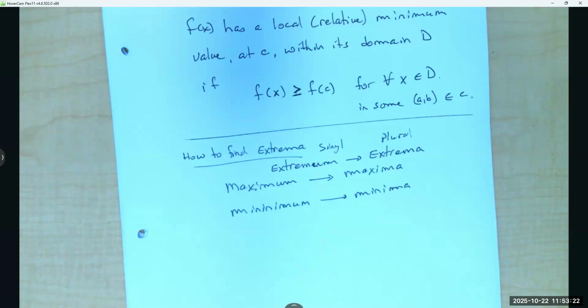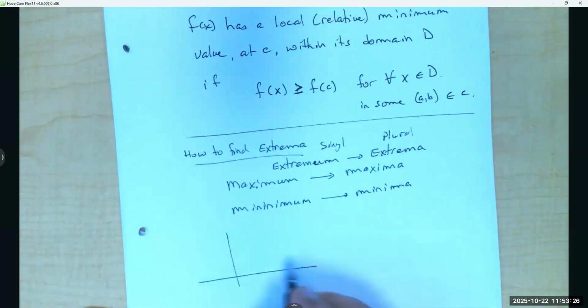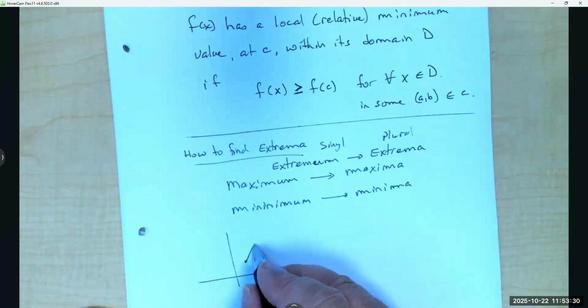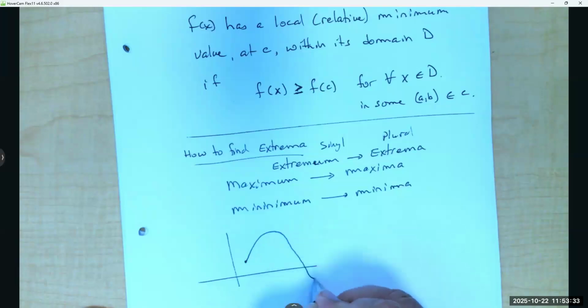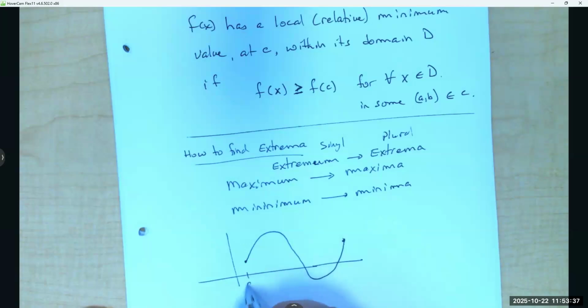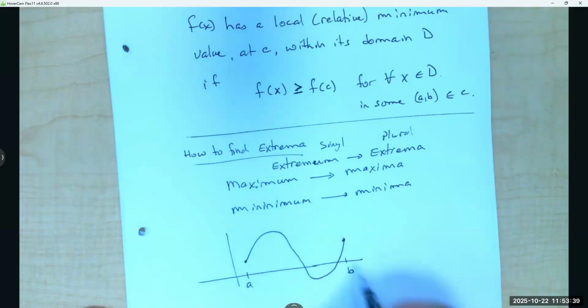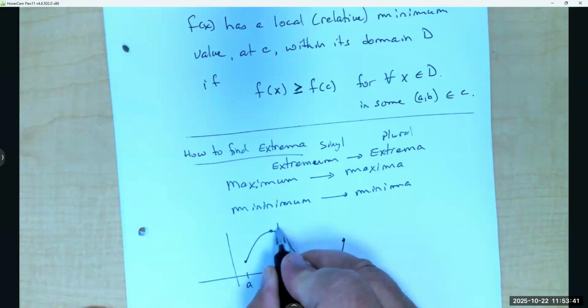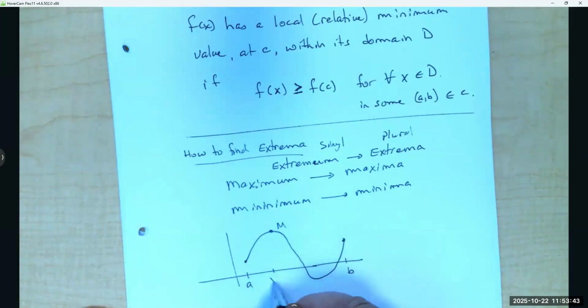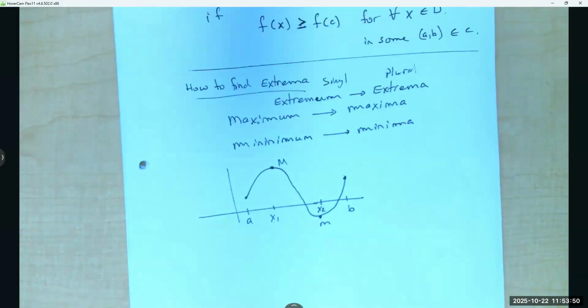Before we jump into the theorem, we have a function.